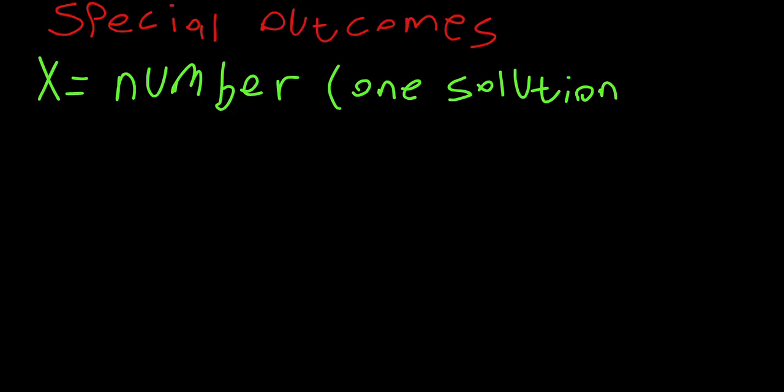There's one number that can fulfill the equation you were given. This is the one we have all of our experience with. But there's actually other outcomes when you have variables on both sides, such as 0x equals a number, and let me clarify that.